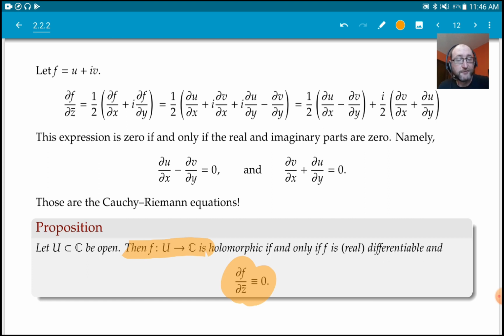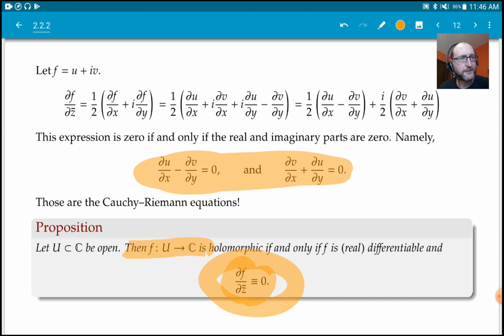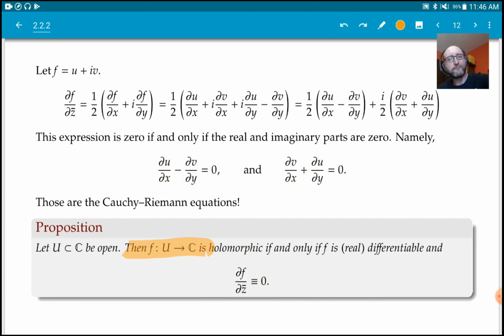So this is really the Cauchy-Riemann equations right here, written as a single complex equation. It's really two real equations, right? So we have the two real equations and one complex equation out here, but they're the same. It's the same equation. It's just written in terms of this operator.